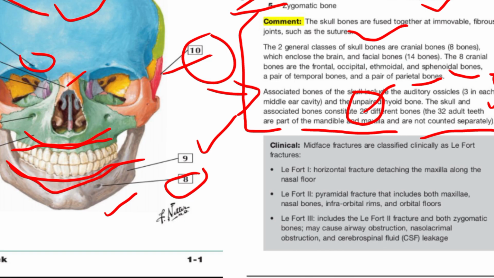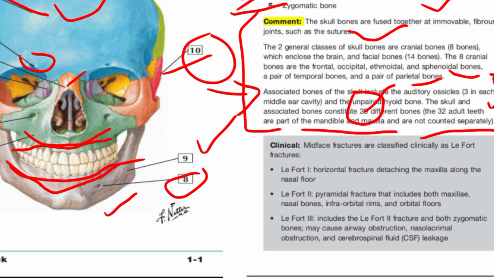In grade 1, Le Fort 1, a horizontal fracture detaches the maxilla along the nasal floor. In grade 2, a moderate fracture, you can call it a pyramidal fracture, includes the maxilla, nasal bone, infraorbital rims, and the orbital floors. And the third one is more severe.